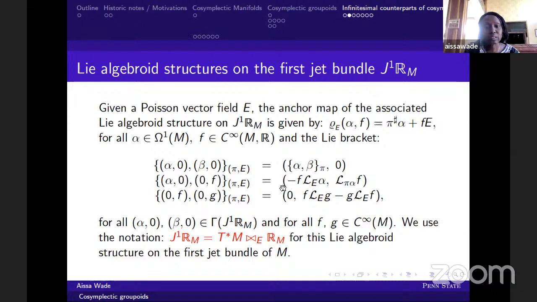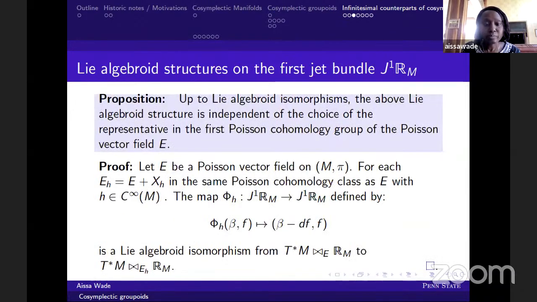It is such that the tangent bundle is a subalgebroid, the line bundle is a subalgebroid, and you have compatibility. So this is the natural construction of a bicrossed product of Lie algebroids, but this one is very simple.